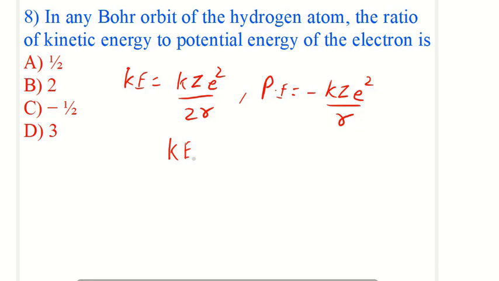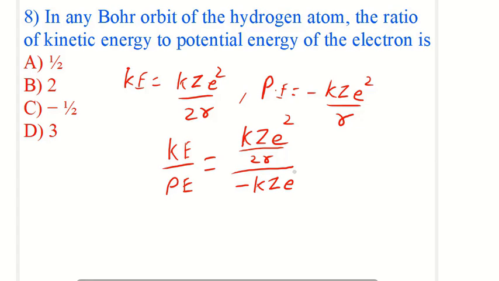So KE upon PE is K Z E square upon 2R upon minus K Z E square upon R. Here there are many common terms which get cancelled out: the K, the Z E square, and the R. What we are left with is minus 1 upon 2. So this is the answer. C is the answer for this particular problem.